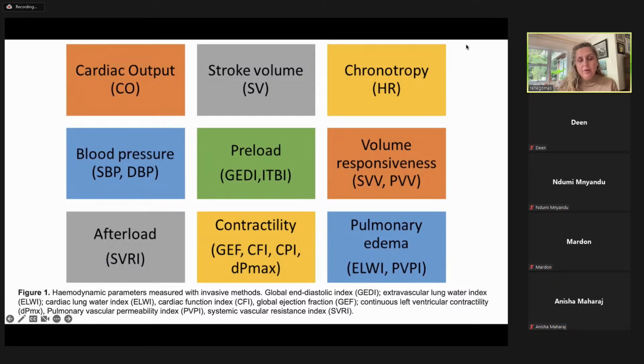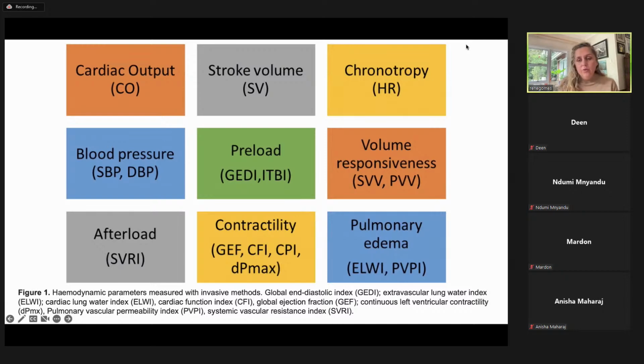And then my favorite part of the PiCCO is probably this last bit that includes pulmonary edema. Apparently PiCCO monitoring can pick up pulmonary edema way before an X-ray ever can. It can actually estimate your extravascular lung water index.